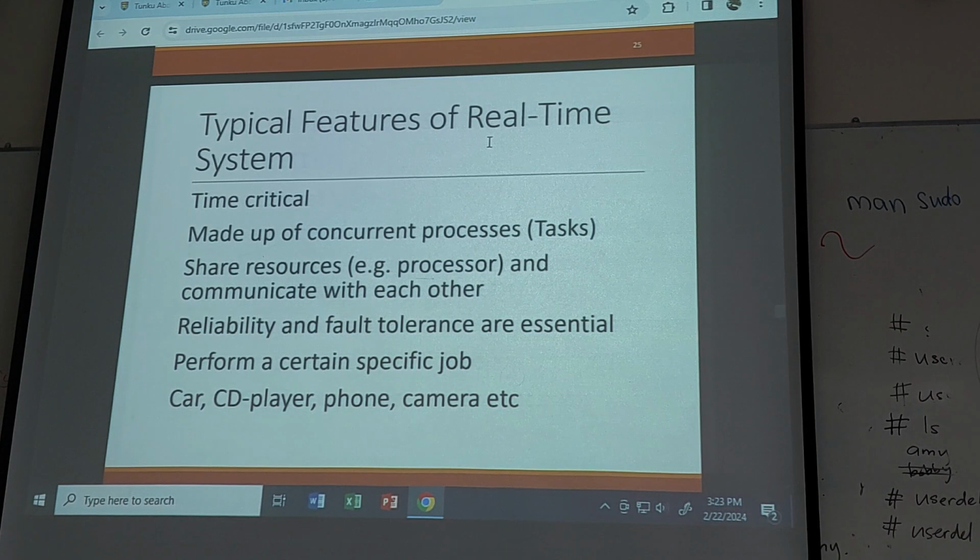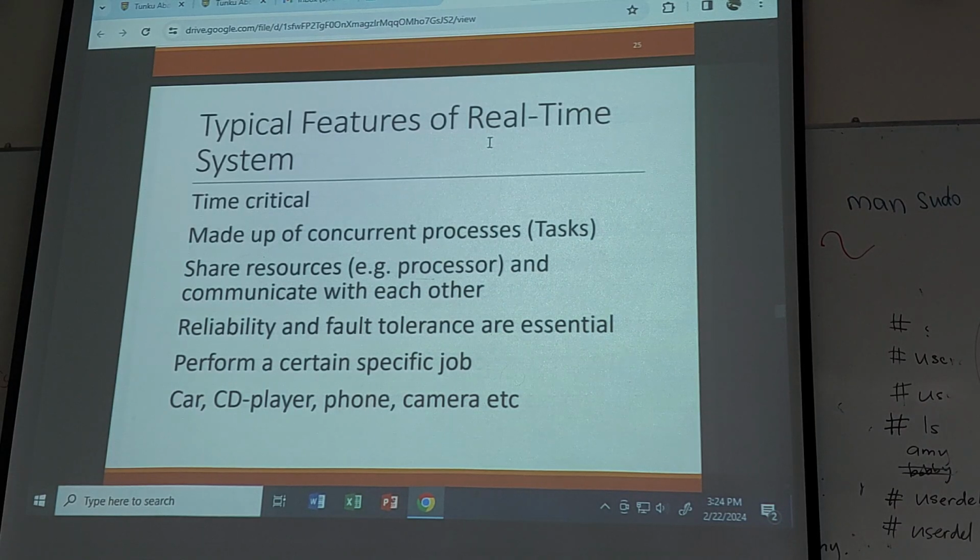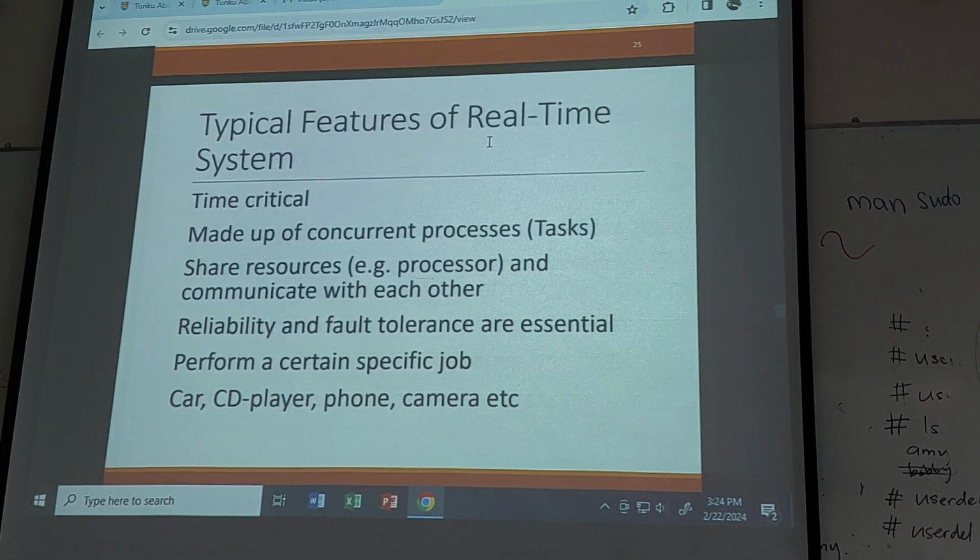Okay, and you need to share resources, communicating with one another. Sometimes you need to synchronize. For example, let's say I go to the bank, I have a debit card, an ATM card, and I share the ATM card with my brother. Let's say we share the money, and I go to the bank and withdraw money.